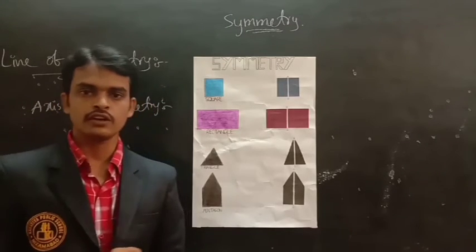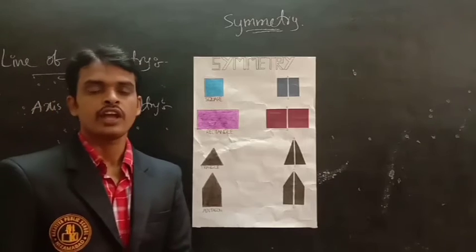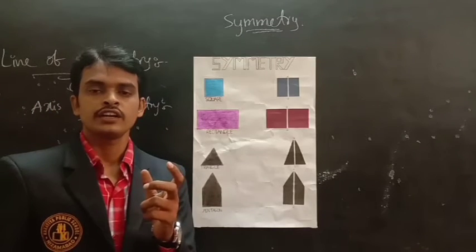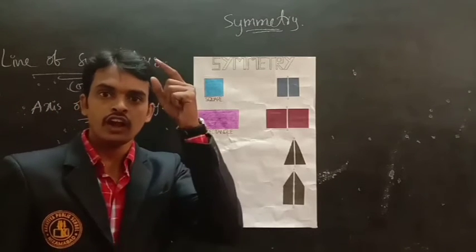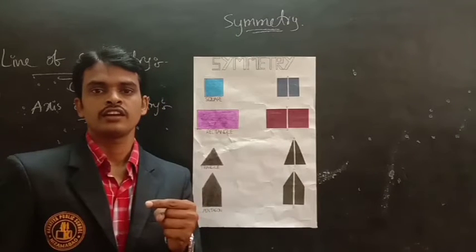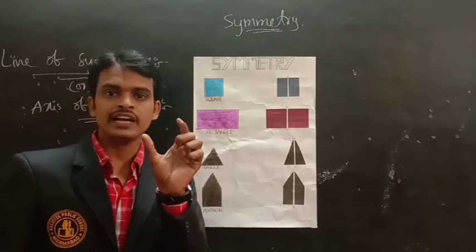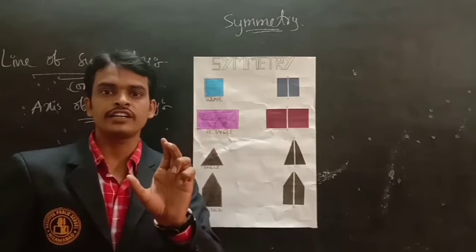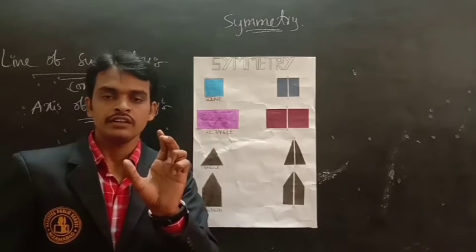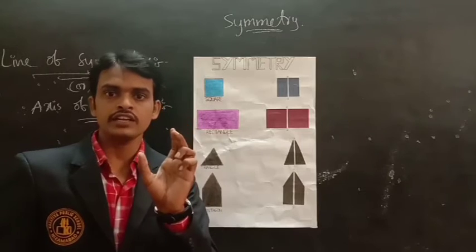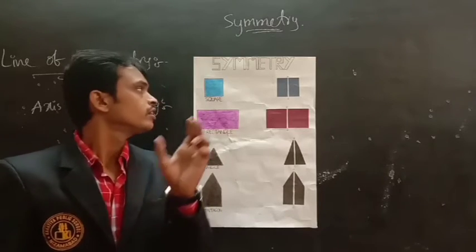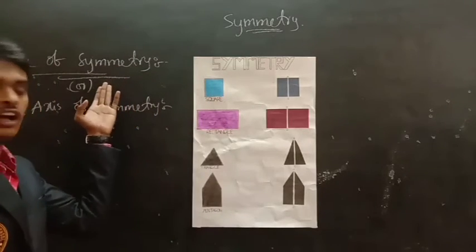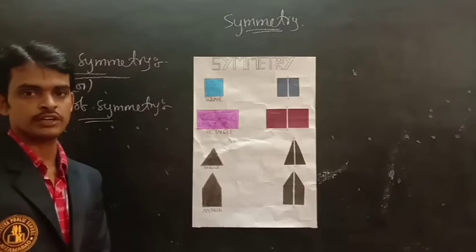So the definition of a line of symmetry: an object is divided into two parts along a dotted line, then one part exactly matches the other part, then the figure has a line of symmetry or axis of symmetry.